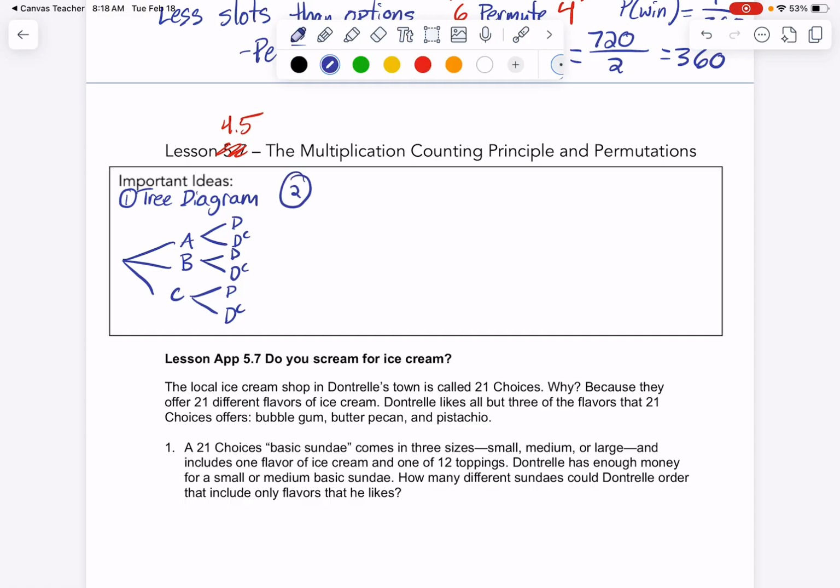Next is just counting. Multiplication counting principle. This is where we make our slots.